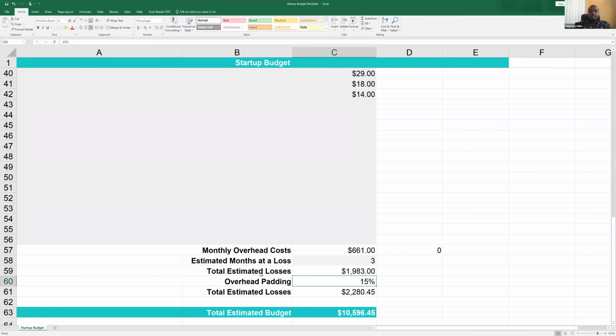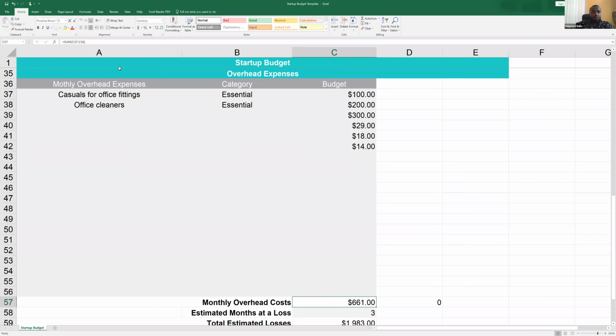And the total estimated loss, we're going to have the total overheads cost multiplied by the estimated months of loss. Because remember that these total overheads, we had placed them on a monthly basis. So for instance, you can see it's here, monthly overhead expenses. It's a monthly expense. So if it's office cleaners, it's 200 and all that.